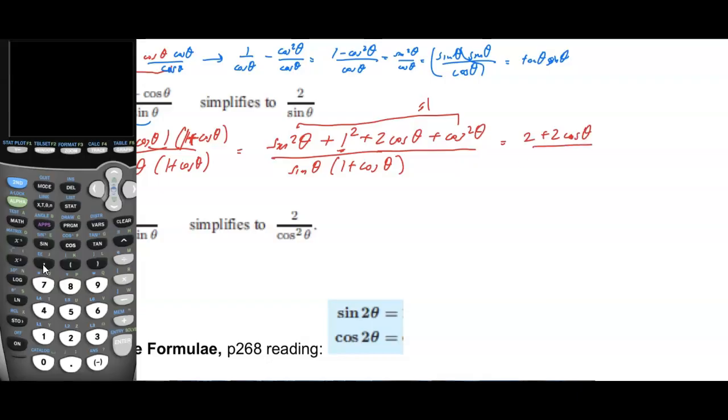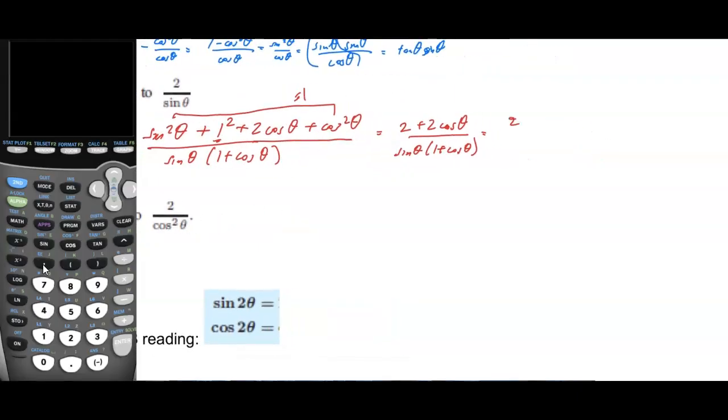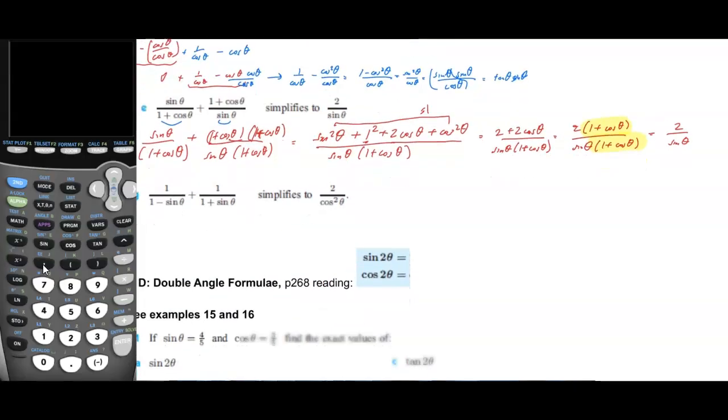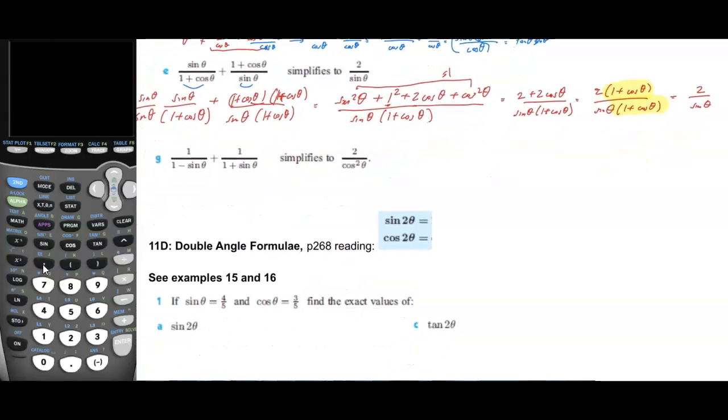The bottom, I have sine theta times 1 plus cosine theta. You can see that on the top, you can factor out a 2 now. 2 factored out of 1 plus cosine theta on top, sine theta times 1 plus cosine theta on the bottom. These two cancel. I end up with 2 over sine theta. Is that what I wanted? Yeah, that's what I wanted.